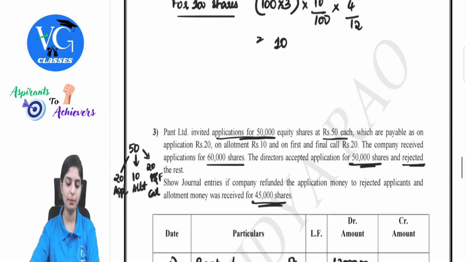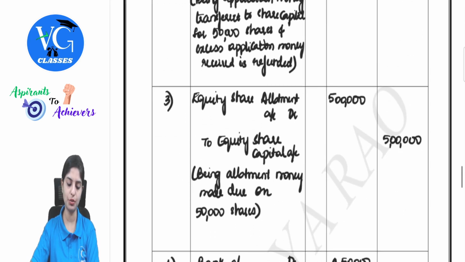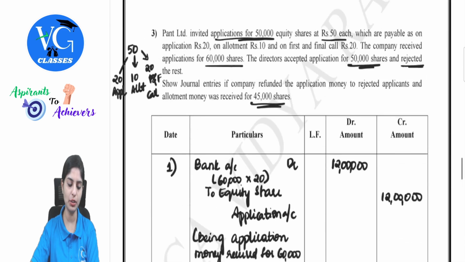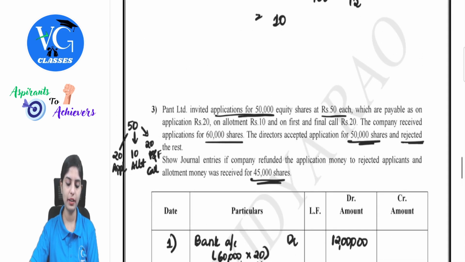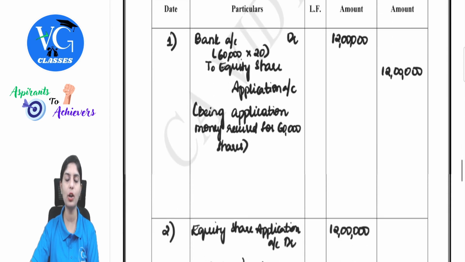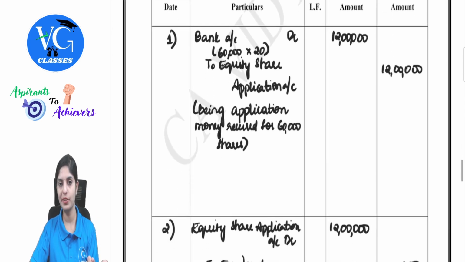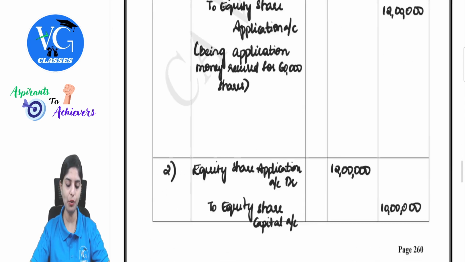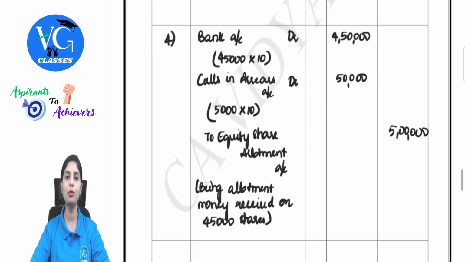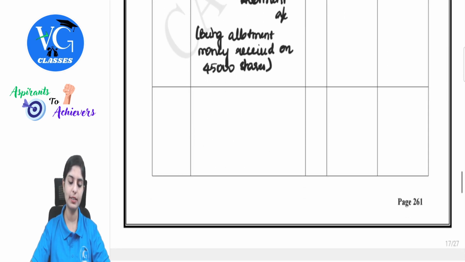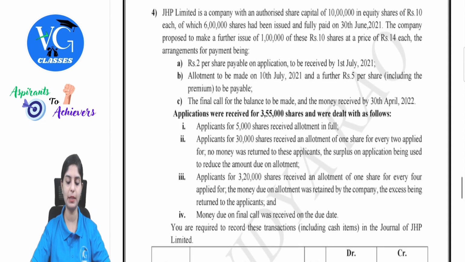And allotment money was received for 45,000 shares. So both entries are recorded even though there is a call. Since allotment money had a due, we do not know whether it was received or not, so we can stop the entry here, recording application, application refunded, and then allotment due, allotment money received. I hope this question was clear to understand the concept of refund of application.